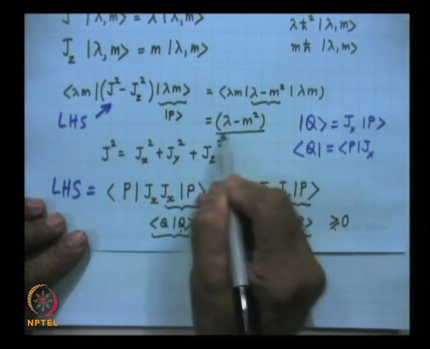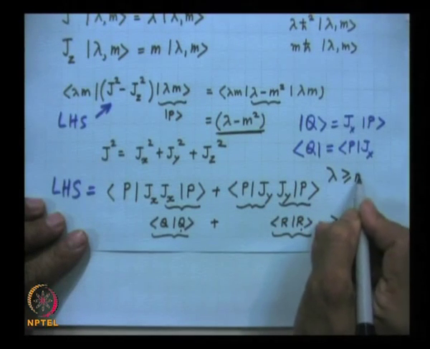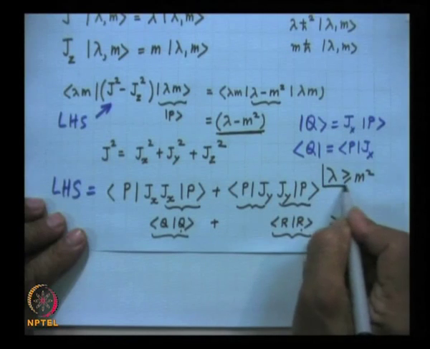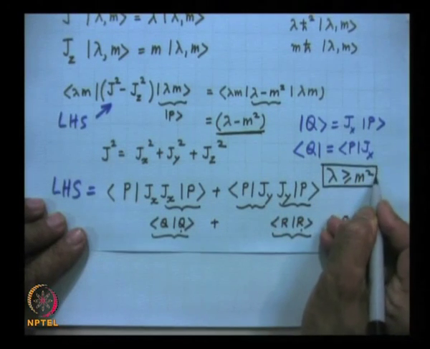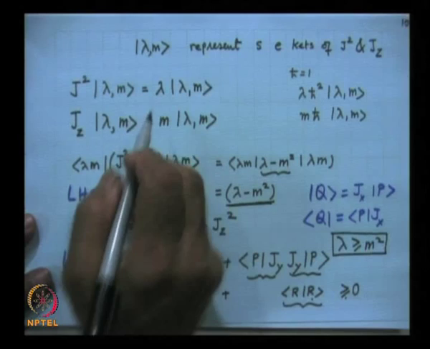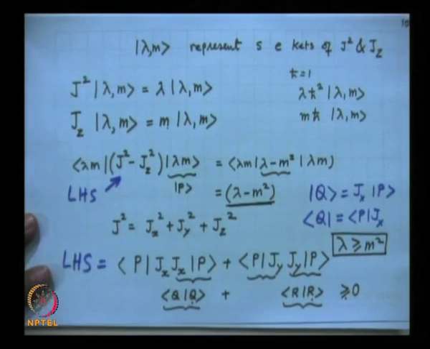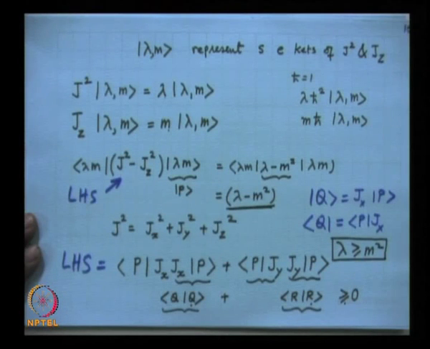So, we get the remarkable result that lambda must be greater than or equal to m square. So, just from operator algebra we find that this eigenvalue of j square, lambda, must be greater than or equal to m square.